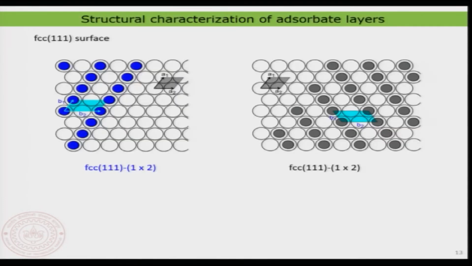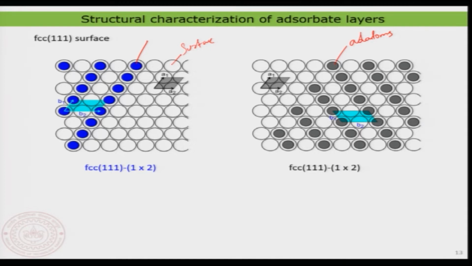So, now let us look at the metric notation, but before that let me show you these two examples here. This is an FCC 111 surface, where this is the surface atom and the blue or gray atoms are the ad atoms, or the Adlayer in general.